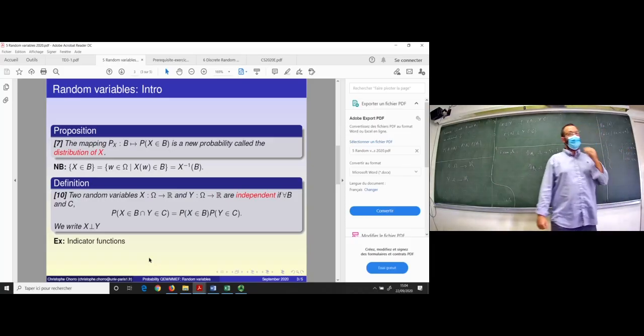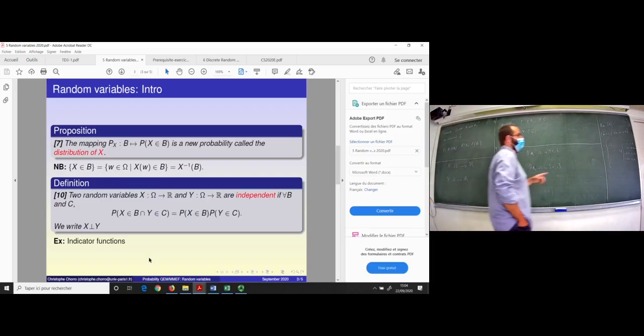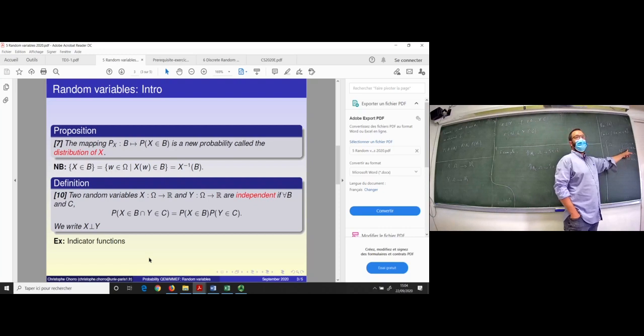What happens if 0 belongs to B and 1 doesn't? What are the elements of omega with a value equal to 0 in fact? Not the empty set, because I can take 0 as a value.